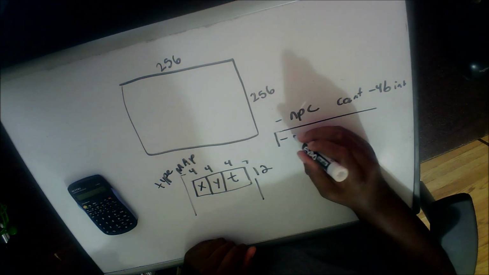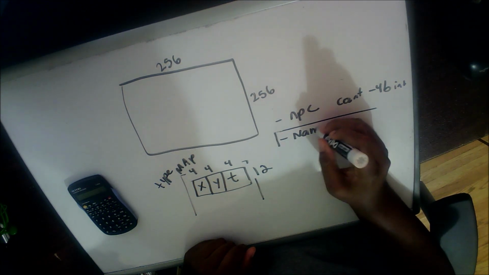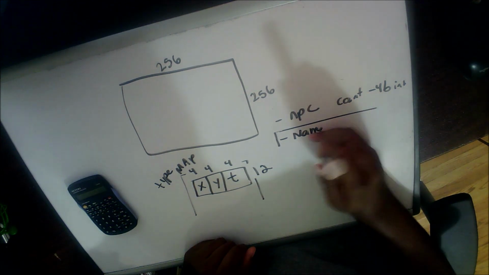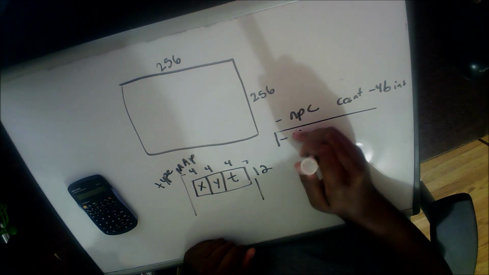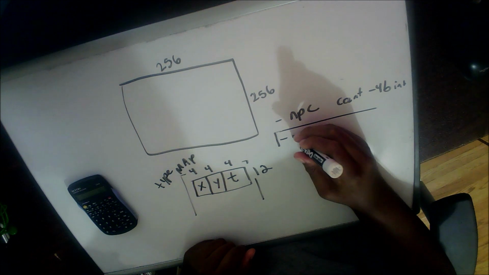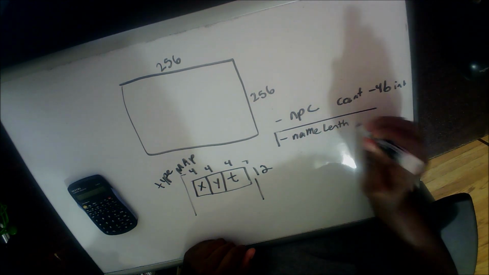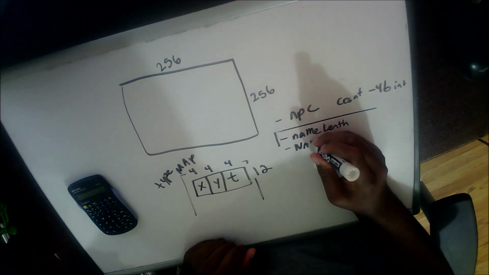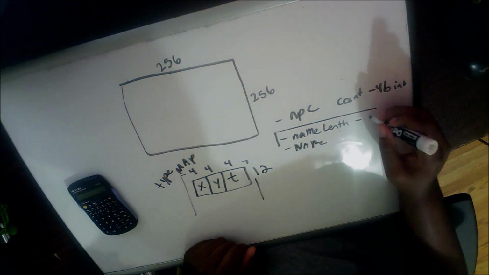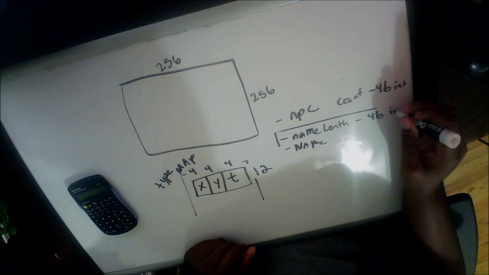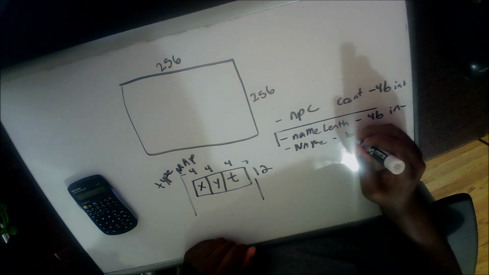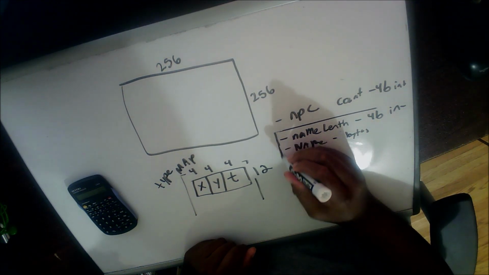And for each entry, we're gonna have the name. No, not name. Name length. Name. And the name is just going to be bytes.